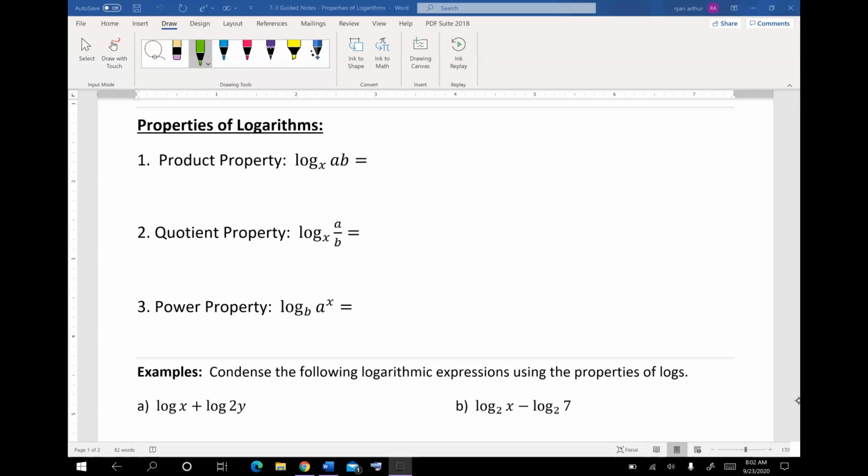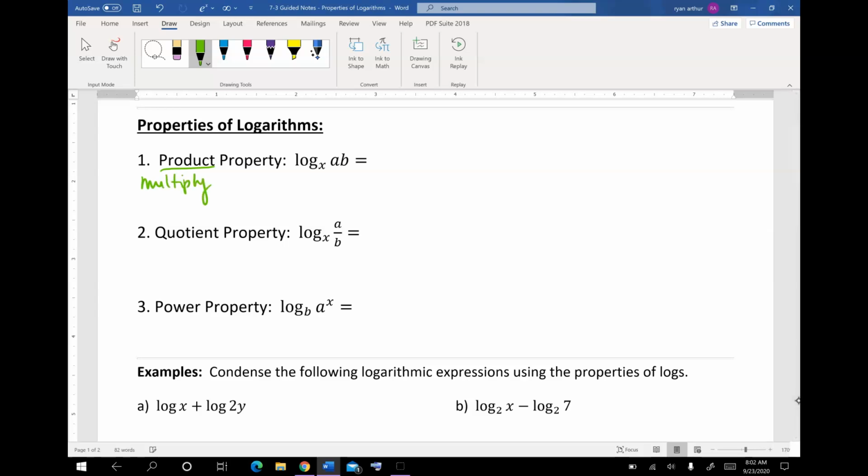All right, so let's first talk about the properties. There's more properties, but there's three we're going to focus on. The first one is the product property. The product property says that if you have a single log where you're multiplying, because remember product means to multiply, right?